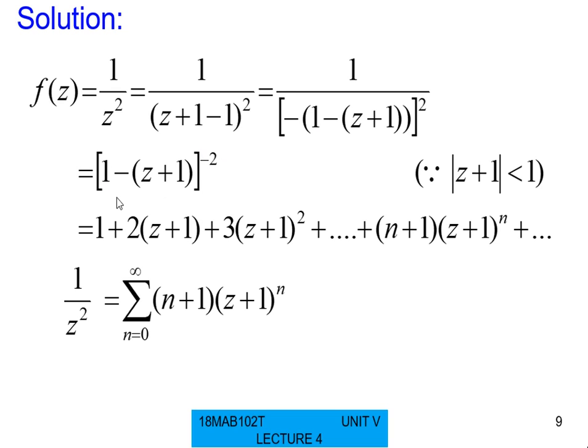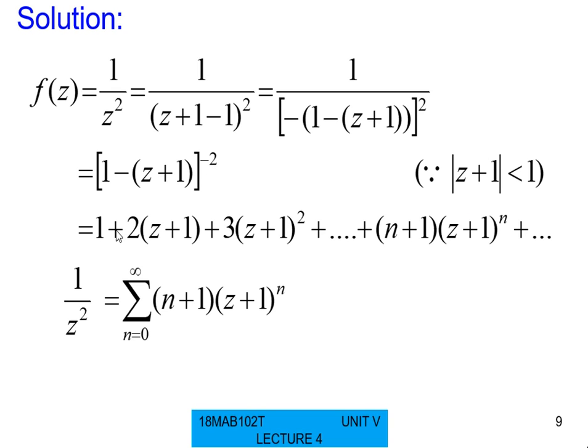So this looks like a binomial expansion. So here this is my z. We can expand the binomial expansion only when the mod z value is less than 1. So what about mod z plus 1 less than 1? Yes, correct. Given that the region of convergence is mod z plus 1 less than 1, we apply this. Minus sign, minus sign, here minus, here minus.